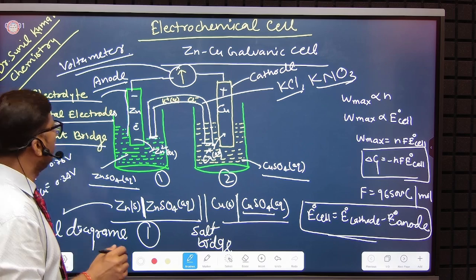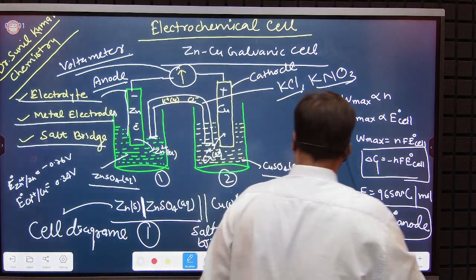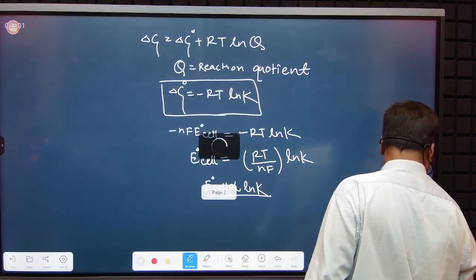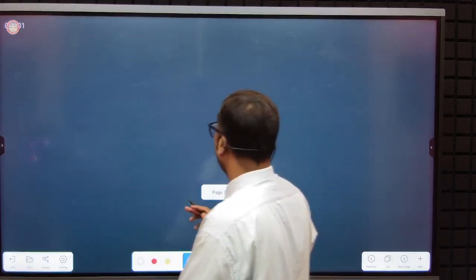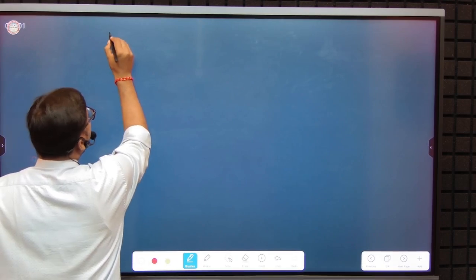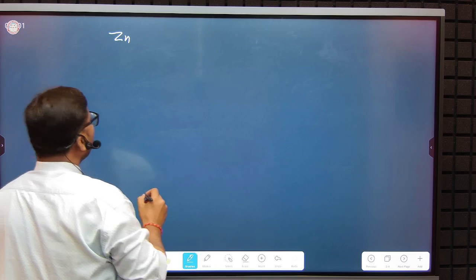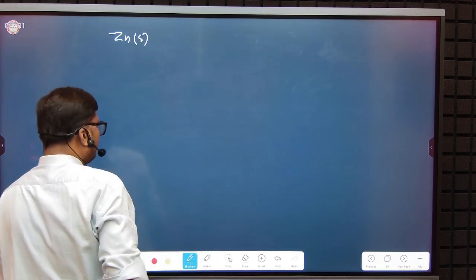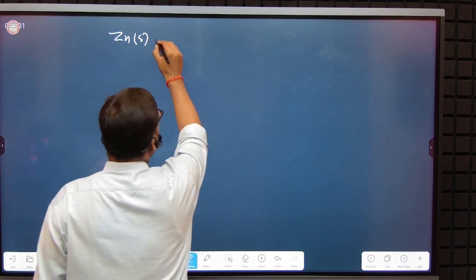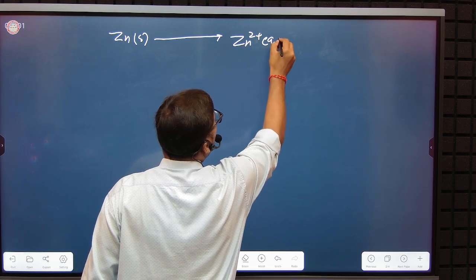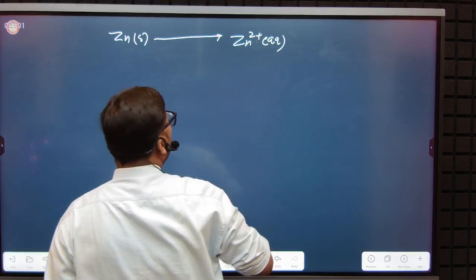So here what happens in this particular setup is, in the first component, that is solid zinc, it undergoes conversion to Zn2+ aqueous, right?